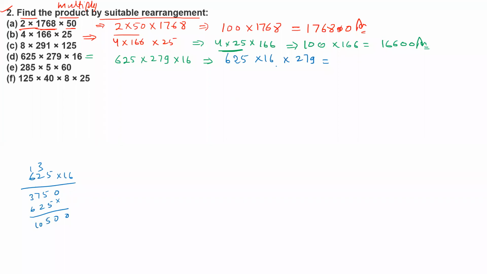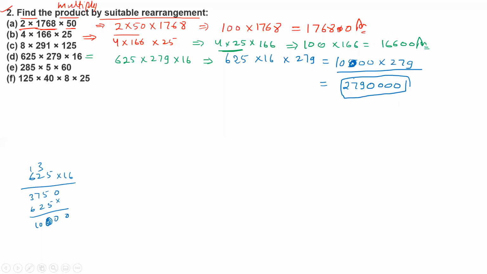So this is the answer. Okay. You'll get 10000 into 279. Multiply 10,000 to 279. So 279 and 4 zeros. This will be the answer.